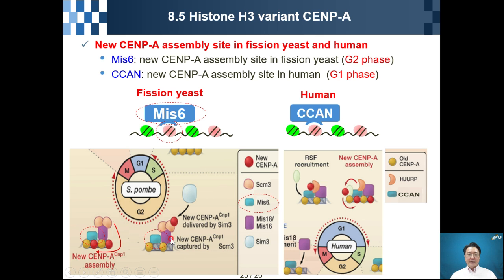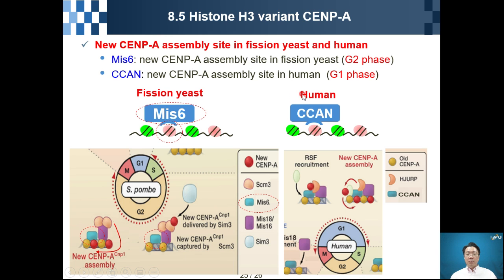At this site, new CENP-A assembly happens. Once again, in fission yeast, Mis6 is the new CENP-A assembly site.